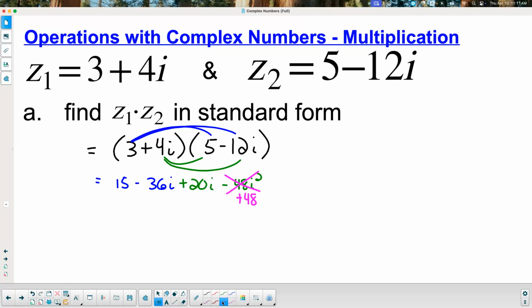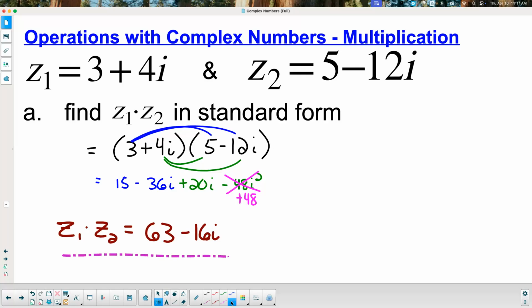So z sub 1 times z sub 2 would be 15 plus 48, which is 63. Negative 36i plus 20i is negative 16i. So we would get that for a standard form. All agree?